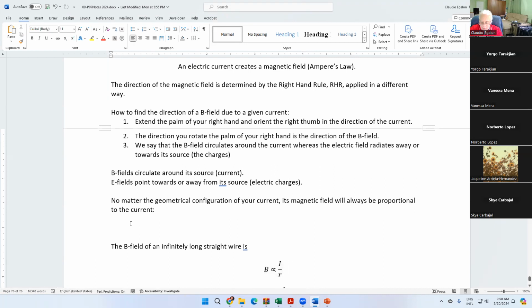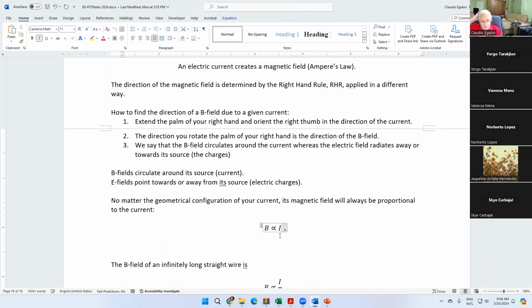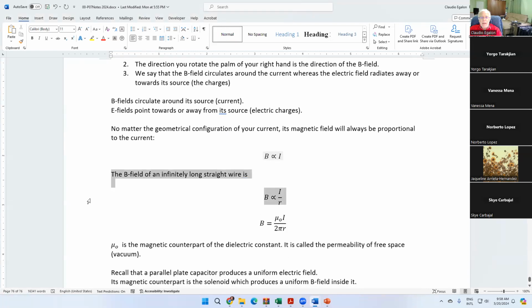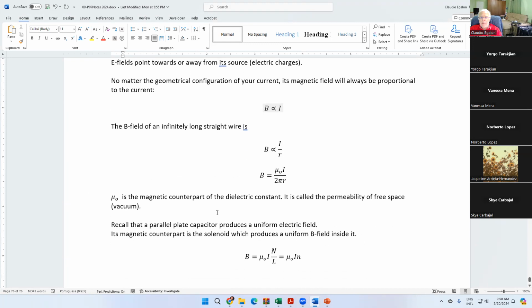It doesn't matter if it's a solenoid. It doesn't matter if it's a straight wire. It doesn't matter whatever crazy geometrical distribution you want to have for your current, it will always be proportional to the current because that's the source of your magnetic field. And then if we look at every specific configuration, like the infinitely long wire, it's going to be like that.